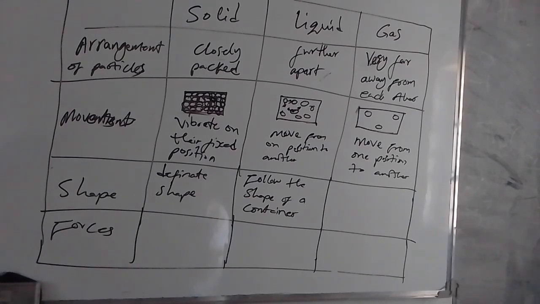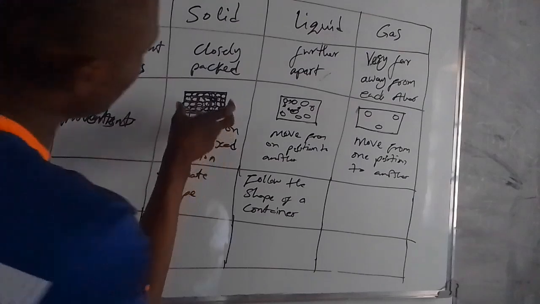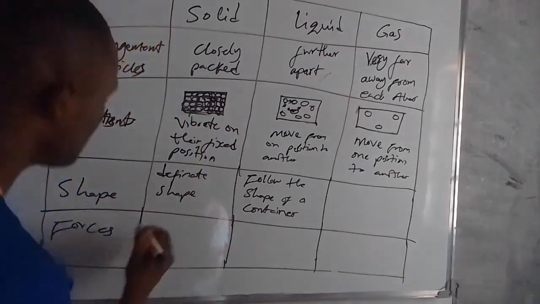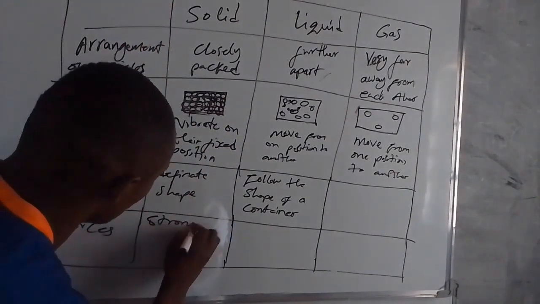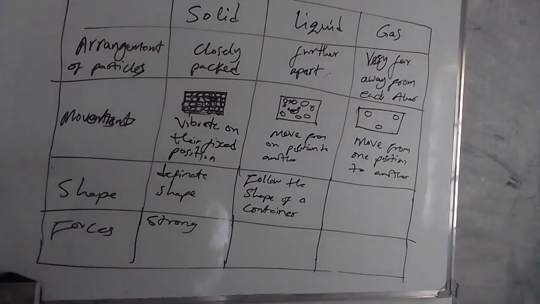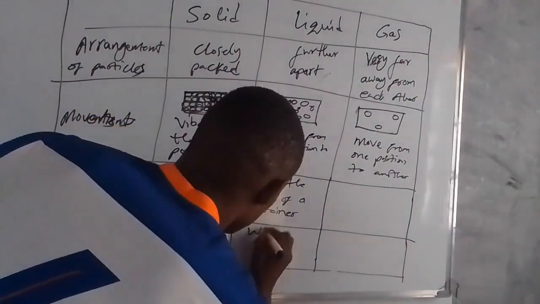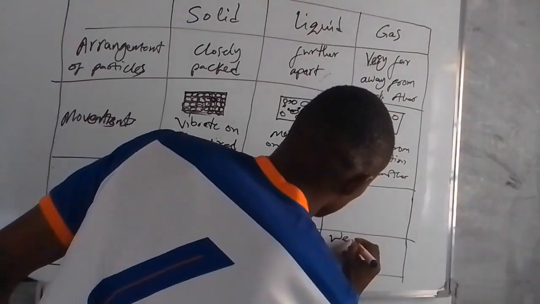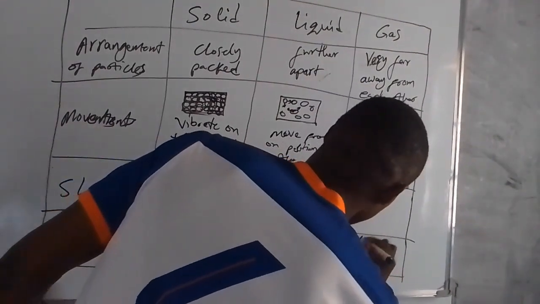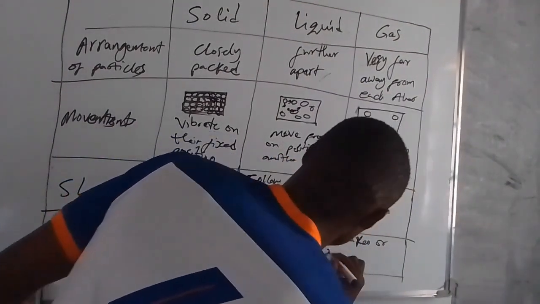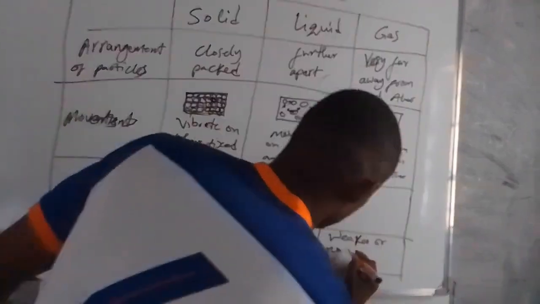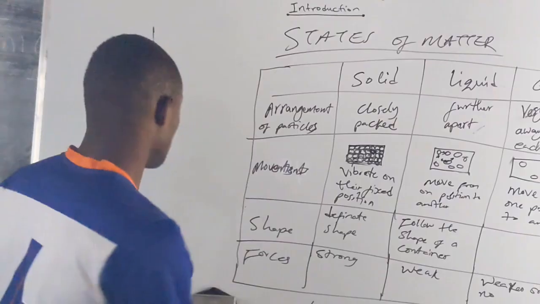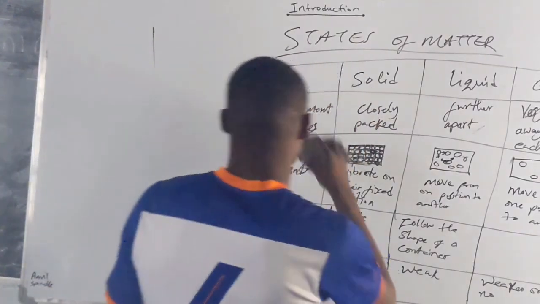The forces in solid particles are very strong, so they have strong cohesion forces. Then liquids will have weak cohesion force. Then gases will have weaker or no cohesion force.